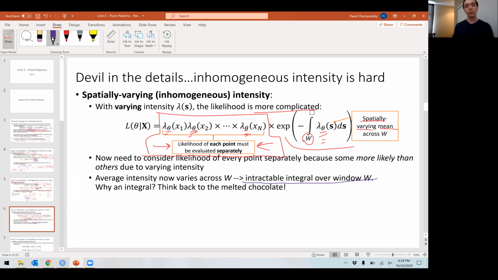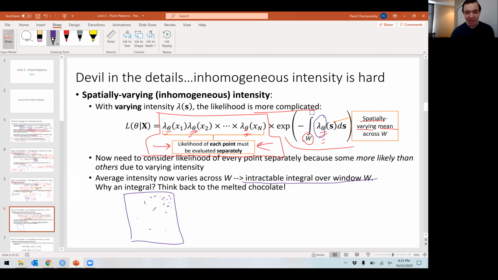So why an integral? Why would our spatially varying average be an integral? Think back to the melted chocolate. If I have a square observation window and I have some points where the intensity increases with both x and y, think back to the chocolate, putting a piece of chocolate onto every observation and melting the chocolate down and having that be our estimate of intensity, having the amount of chocolate at every point be an estimate of this spatially varying intensity.